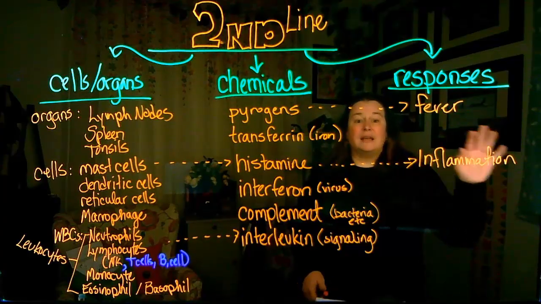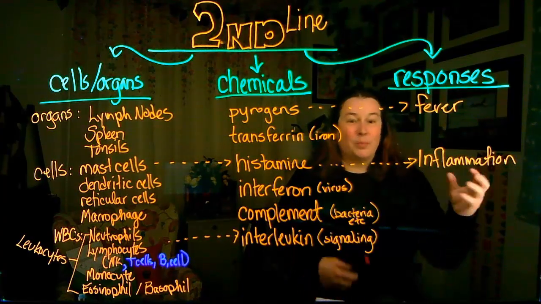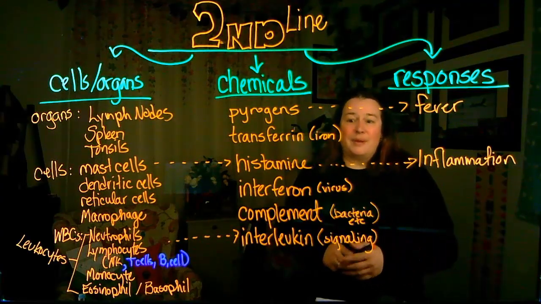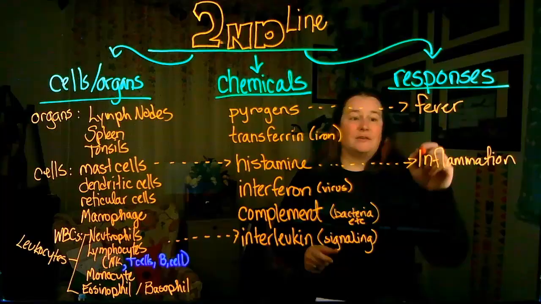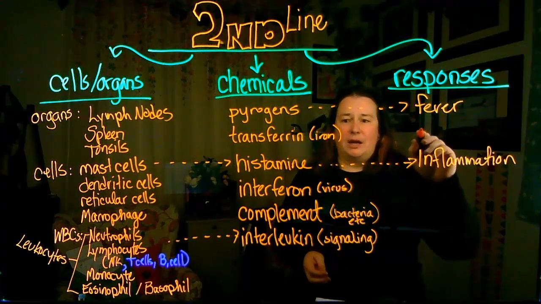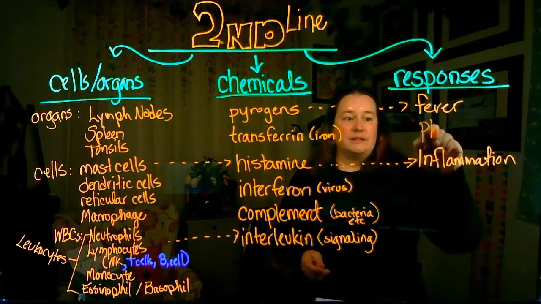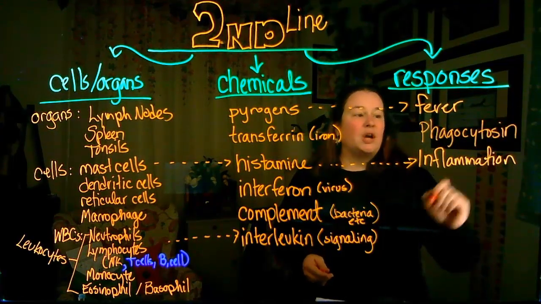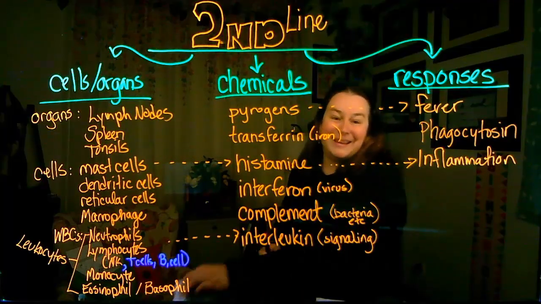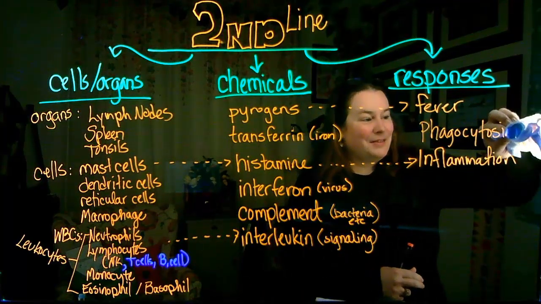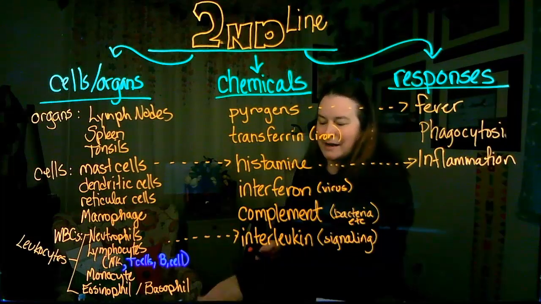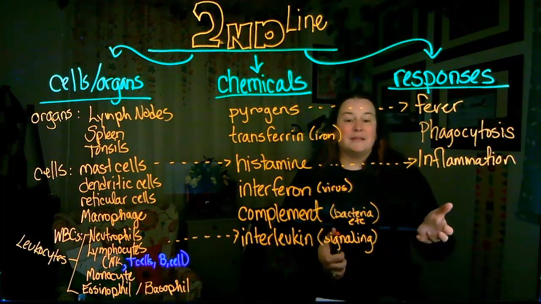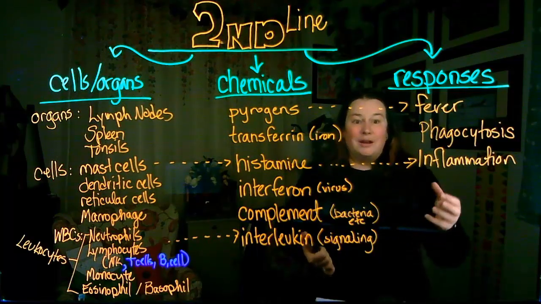Complement is going to involve itself in a handful of things. So one of the things we're going to put up here is phagocytosis. Phagocytosis is the process by which a foreign molecule is consumed and eaten and broken down into particles that are not as dangerous.